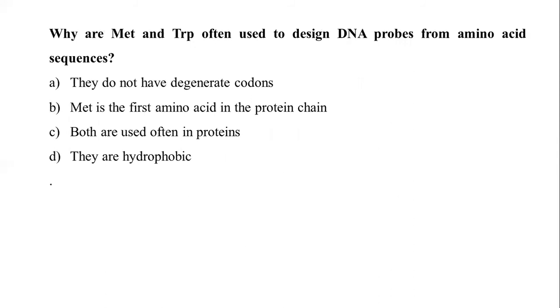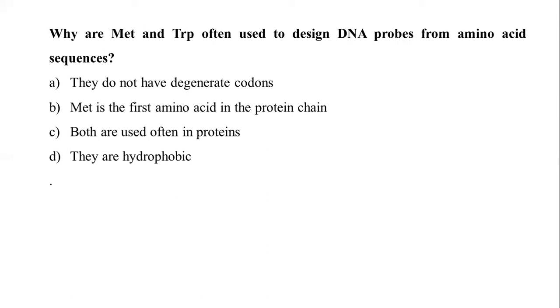The next question is, why are Met and Trp often used to design DNA probes from amino acid sequences? Most of the hybridization studies that are used to locate a particular gene or other DNA or RNA sequence employ a tagged synthetic probe. These probes are often a small piece of DNA or RNA which is labeled with a radioisotope or a fluorescent tag.